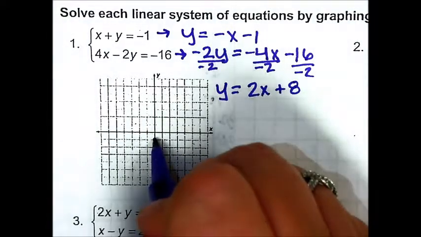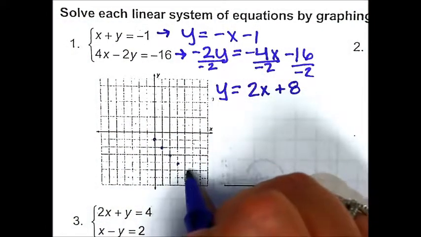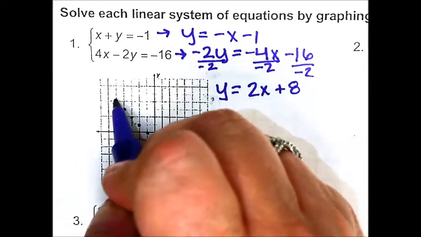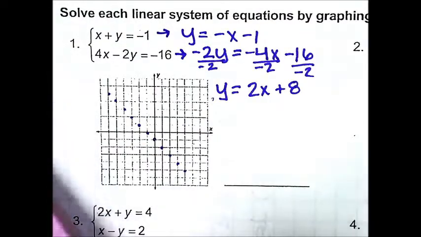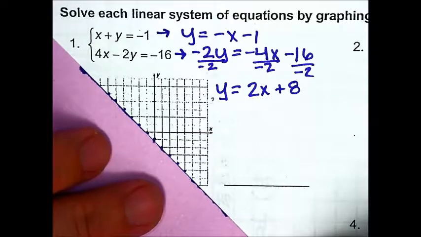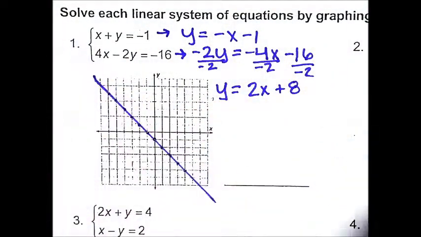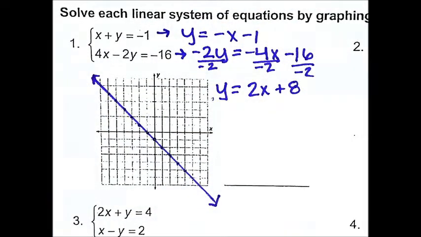So if I go down 1 and right 1, make some guidelines, and up 1, left 1, we'll go ahead and make our line. The reason you want to make it go all the way across is you're not exactly sure where they're going to hit each other.